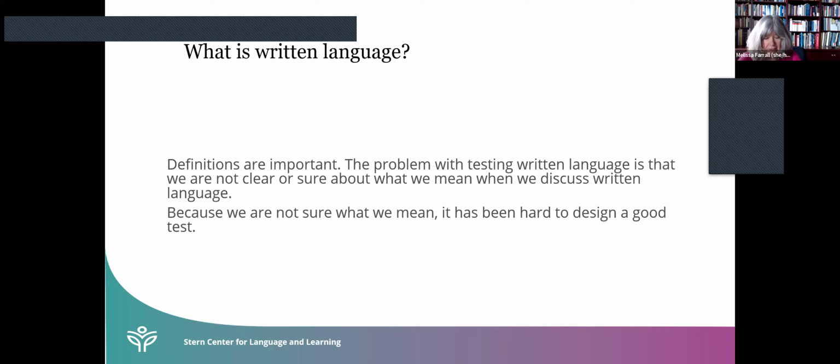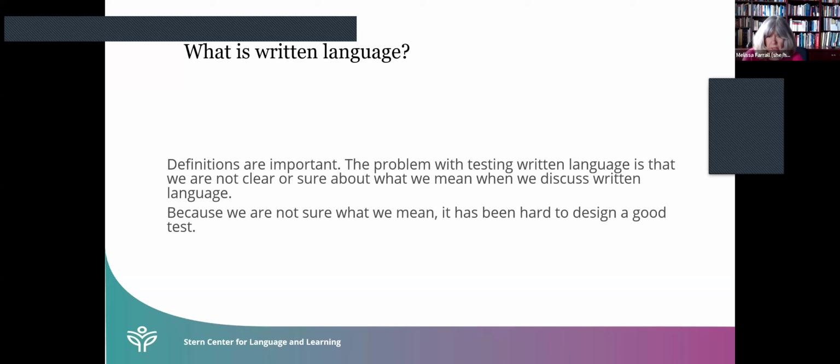One of the things I have found out over the years is that no two people agree as to what written language is, or what its task or scope is. When we are talking about children's performance, we have some people talking about narrative text, about the ability to write stories.